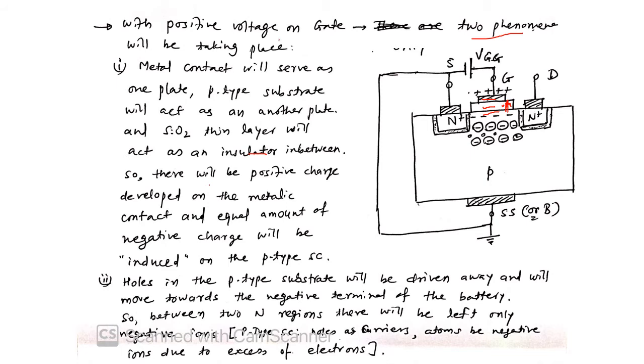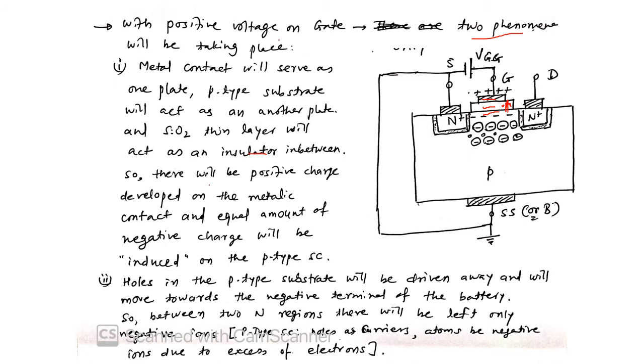This is a minor displacement within the valence orbit itself. This displacement is not permanent; it is unstable. Once you remove the external connection, the valence electrons come back to their positions, and this is how we call it storage of energy. That movement is stored in terms of changing the potential energy.